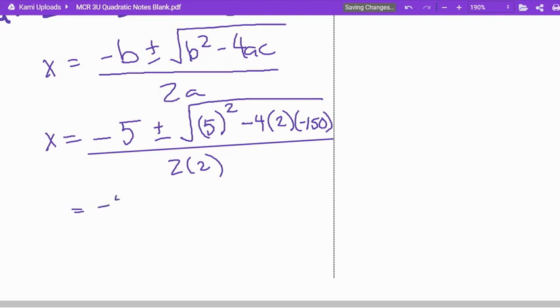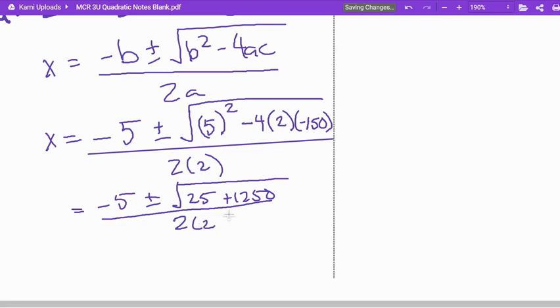All right, so let's see where I got. Plus or minus 25. Negative 4 times 150 is, I think, 600 times 2 is 1250. Right? You might want to have your calculator out. 2 times 2 is 4.